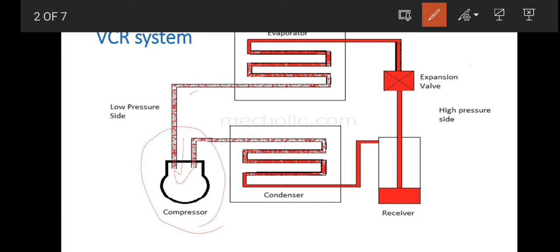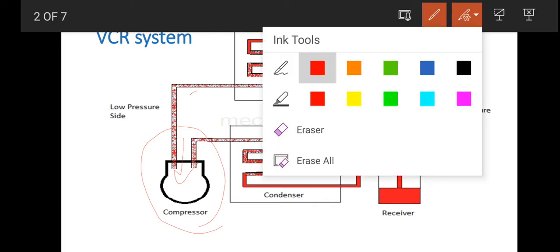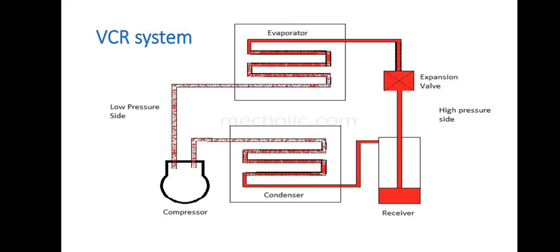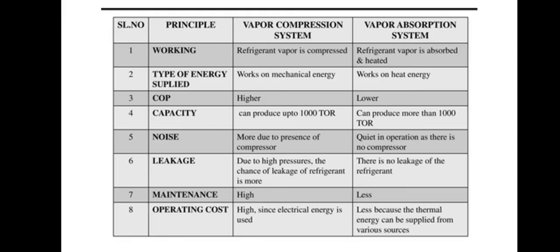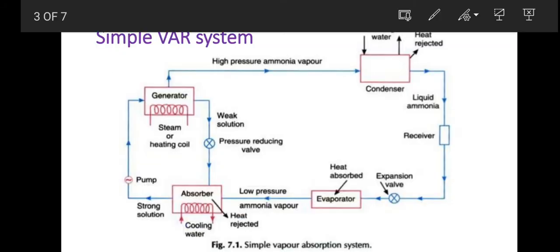To avoid that, now we will see the vapor absorption refrigeration system. Here, in the vapor absorption refrigeration system, we avoid using the compressor. In this system, this part will be considered as the compressor of the vapor compression refrigeration system.